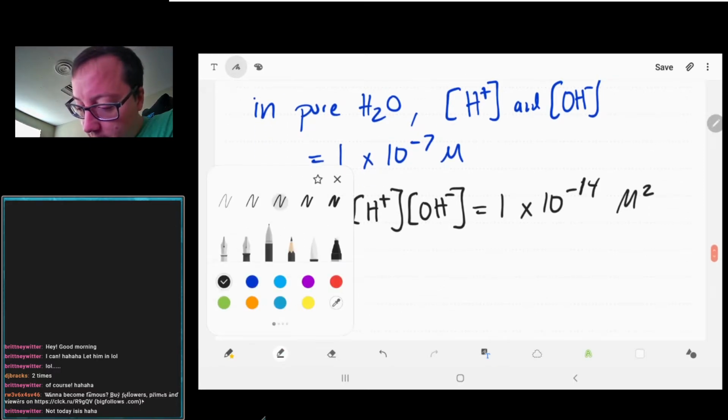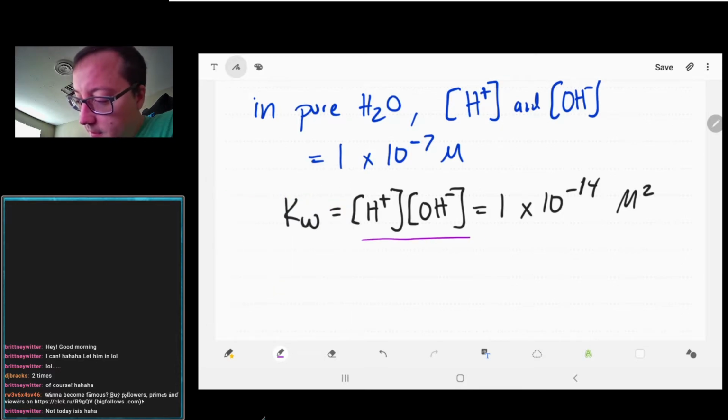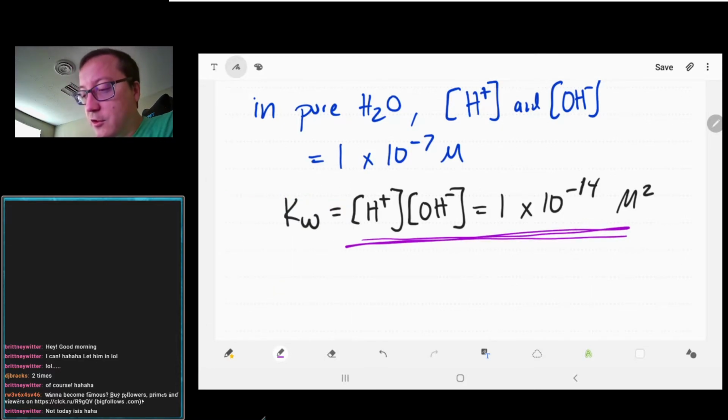So it turns out that this is going to be an important bit to know. Whatever your concentration of H plus is, you're going to be able to figure out what the concentration of OH minus is. And that can be equally as important as figuring out what the H plus concentration is.